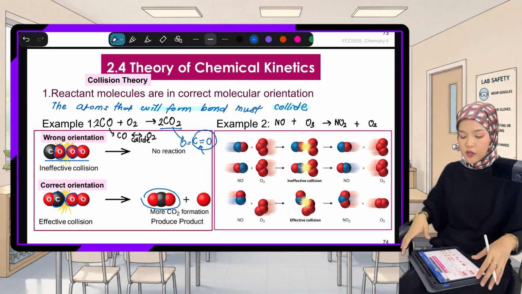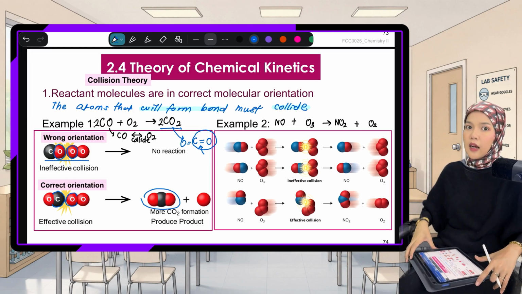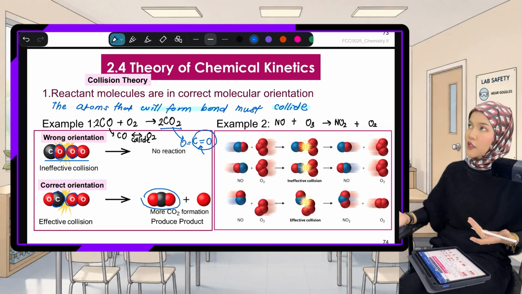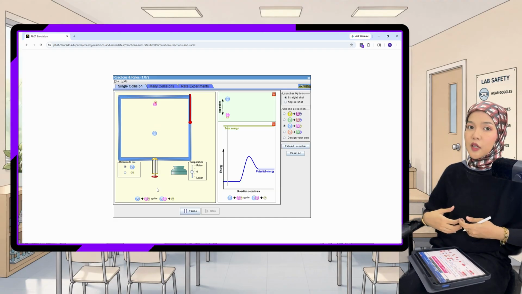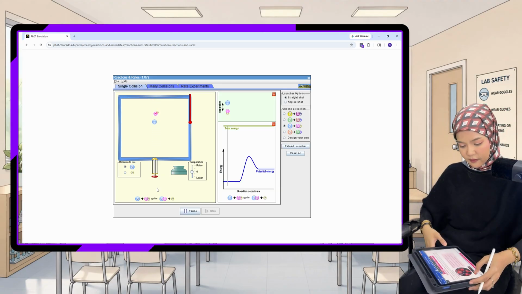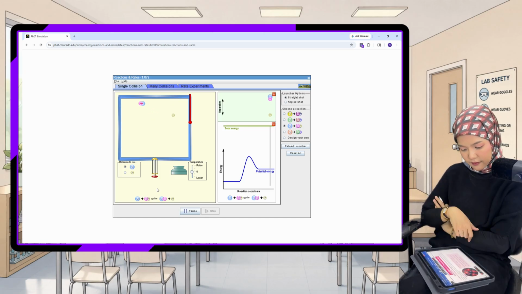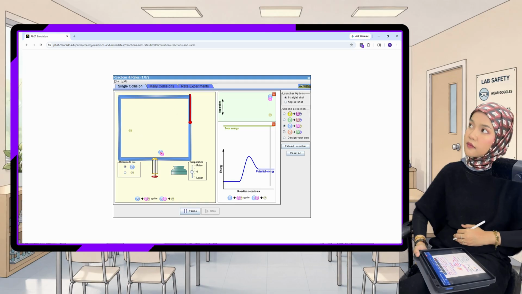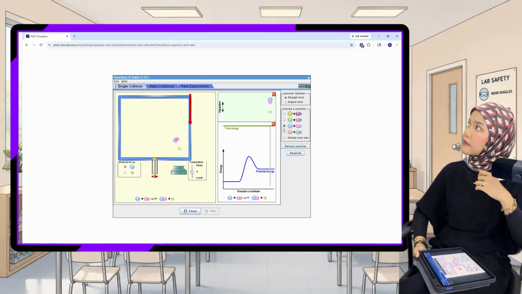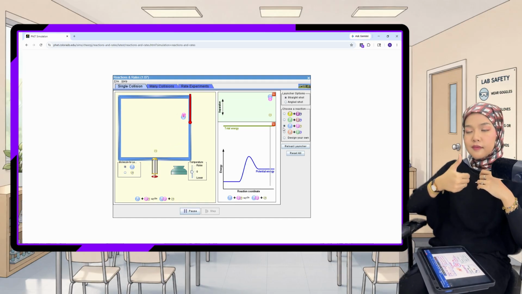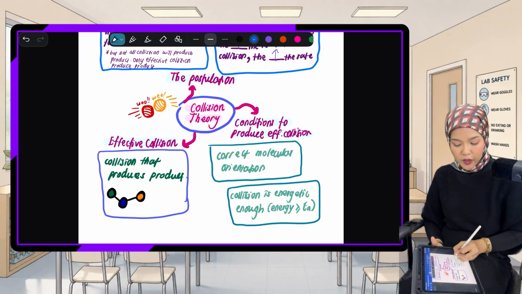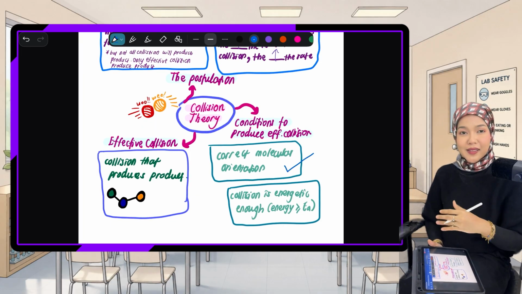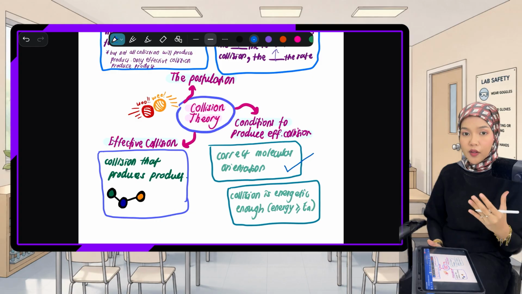Maybe I will give you some kind of simulation for you to see. Look at this collision. Wow, it produces the product because that is an effective collision. We can also have an ineffective collision like that. There is a collision but no product. So we are done looking into what is meant by correct molecular orientation.